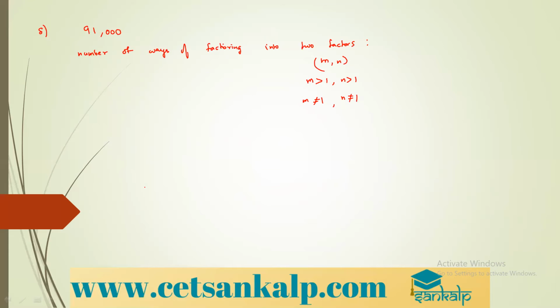So for this, I gave you one formula. I will do it with that shortcut formula. First of all, I will prime factorize 91,000. With 3, I can't do it. With 7, I can do it: 7 into 13,000.